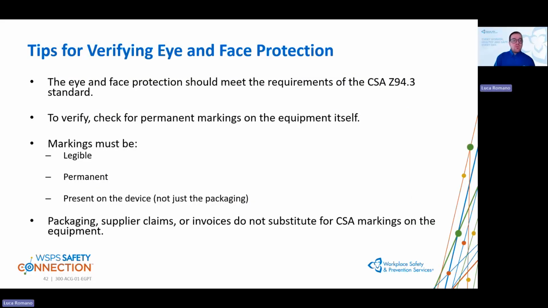So when your goal is to verify eye and face protection, there is a CSA standard that exists, and that is CSA standard Z94.3. What you can do when verifying is check for permanent markings on the equipment itself. The markings need to be legible, permanent, and actually present on the device. It can't just be on the packaging. And packaging or supplier claims or invoices on their own will never substitute for the CSA markings.